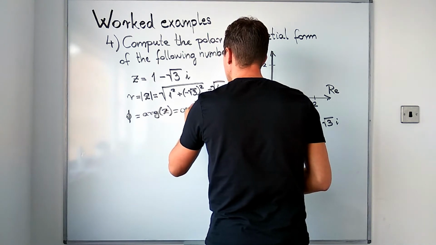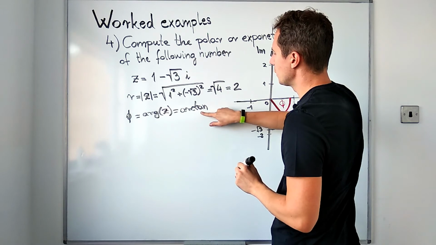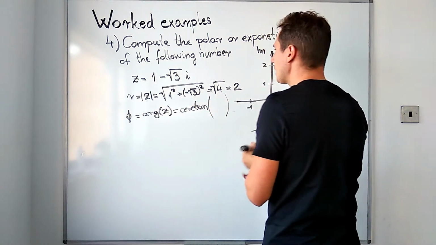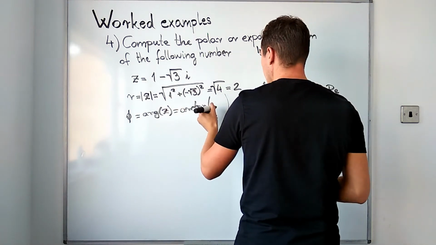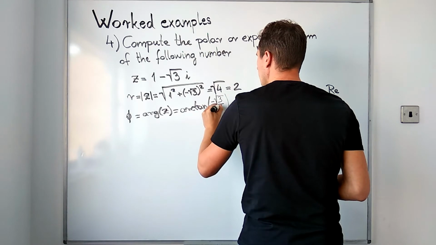It's the arcus tangent function, the inverse function of the tangent function, applied to the ratio of the imaginary and real parts of our number. So it's minus root 3 divided by 1.